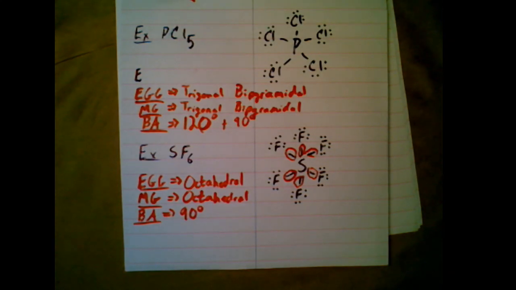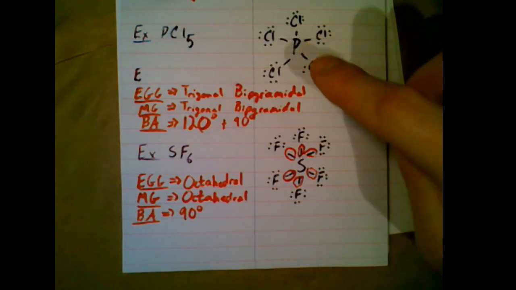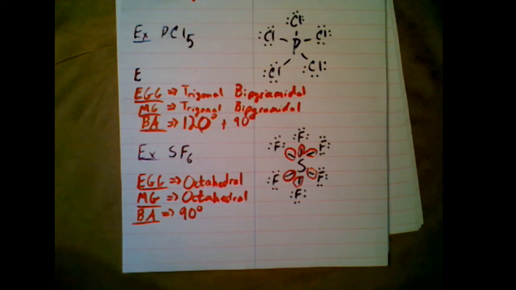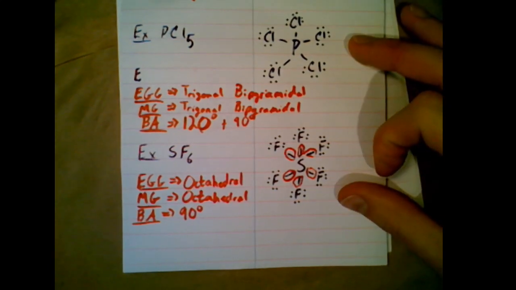And so those are the electron group geometries that we see for things that violate the octet rule by having 5 and 6 electron groups surrounding them. So this is why it's going to be really important that you actually get those proper Lewis structures. Check your formal charges when you have things like phosphorus, sulfur, bromine, iodine, xenon in the center, so that you can see if they have geometries that are a little bit different.